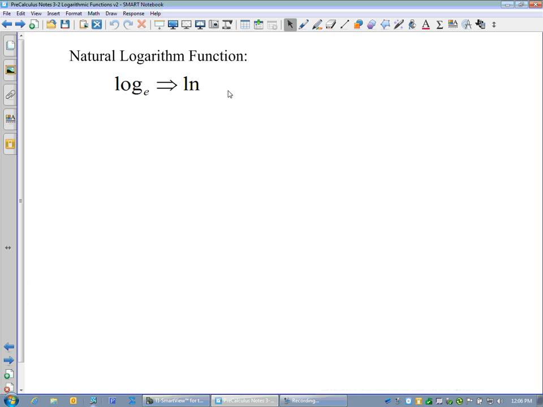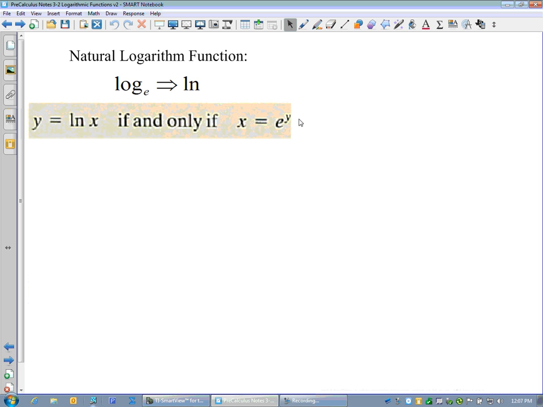It was originally a French term, like log naturel. That's why it's ln rather than nl, but ln stands for natural log, and we read it as natural log. So the actual definition of natural log, since it's in base e, is y equals the natural log of x, if and only if x equals e to the y.